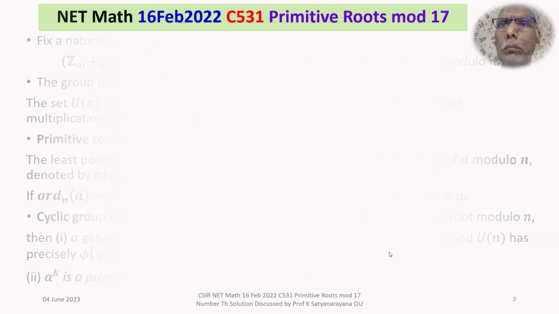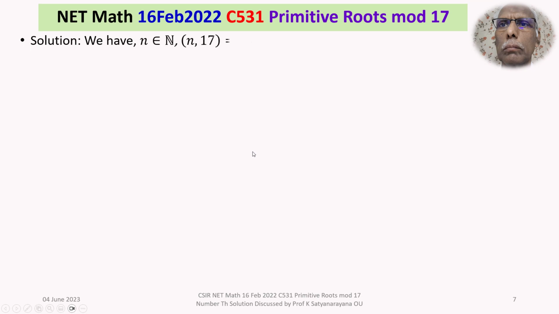So, we are ready now. Let's get into the problem for the discussion of the solution. We have n belonging to the natural numbers. n is coprime to 17. That means the GCD of n with 17 is 1. So, GCD of n and 17 is 1 means n is a unit.